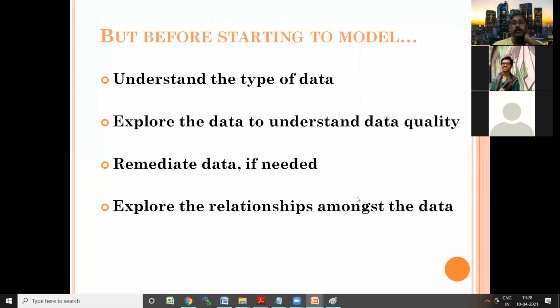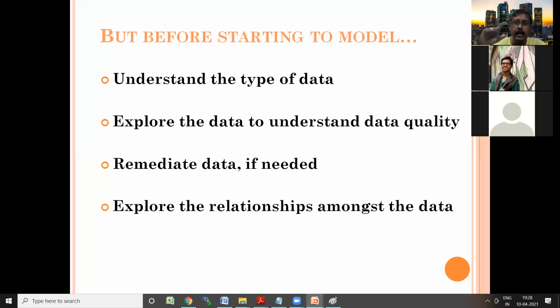Okay, why do we need to explore the relationship? The reason is because, when you go through the machine learning models, you will see that fundamentally what we try to do is use the predictors to build the model.